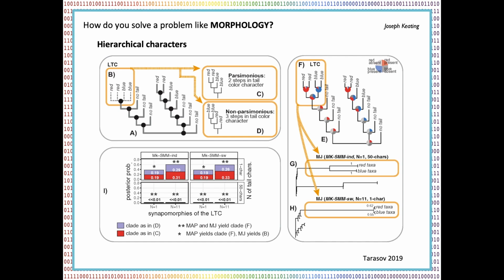Using a simulation approach, Tarasov showed that these structured Markov models are less biased by hierarchical characters than conventional methods such as parsimony or probabilistic estimation using the MK model.